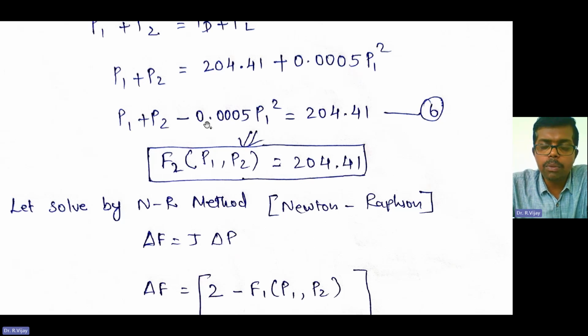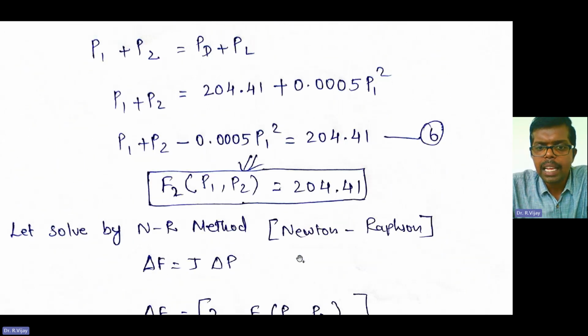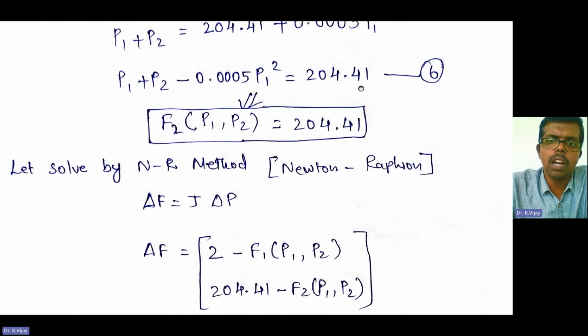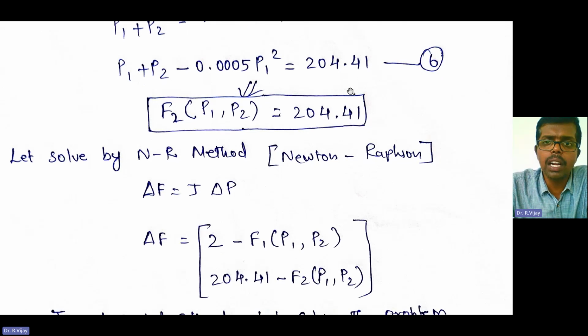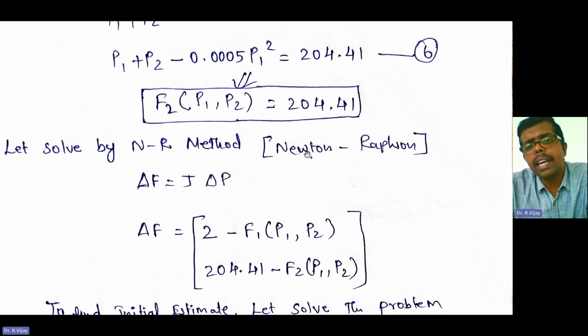Why are we converting this into a function? Because we are going to solve this with the Newton-Raphson method. This equation is complex to solve with a normal method. Say, for example, equations 5 and 6 are complex to solve with a normal method. So that's why we are going for an iterative method like Newton-Raphson. There are n number of iterative methods. With that, we have chosen only the Newton-Raphson method. You can also solve with optimization techniques.